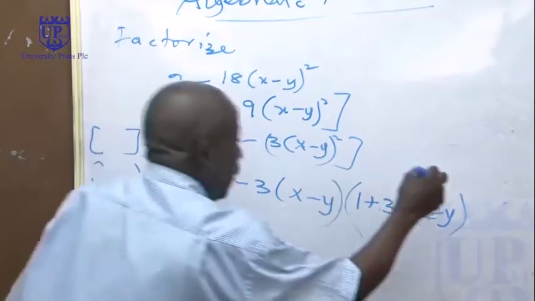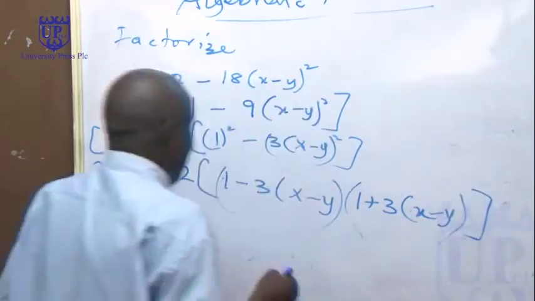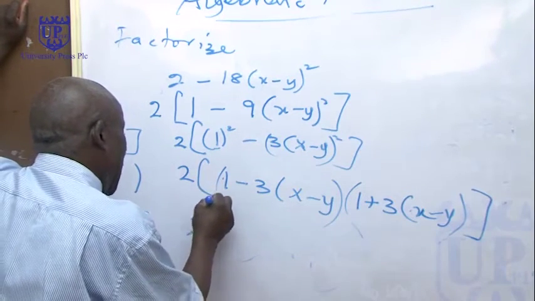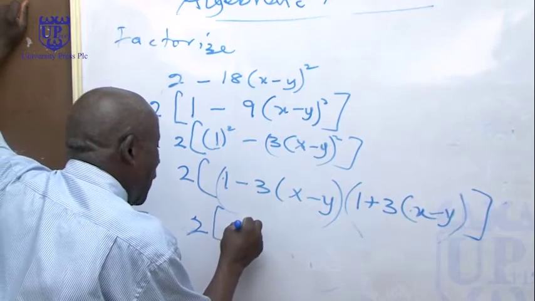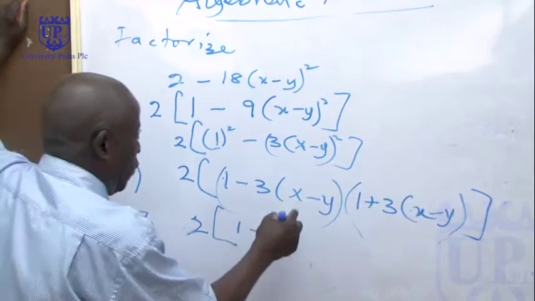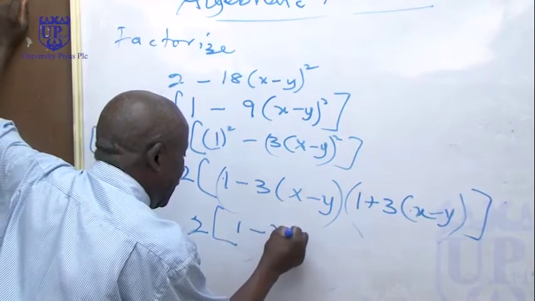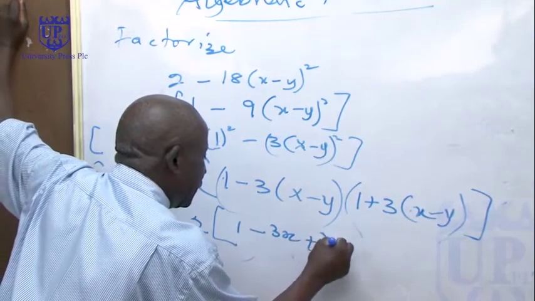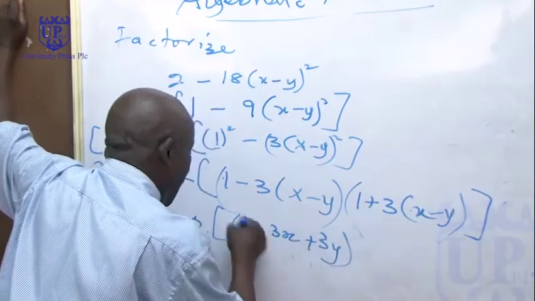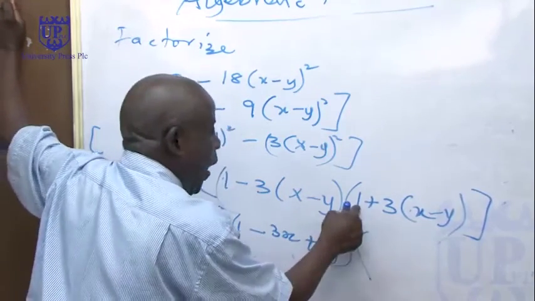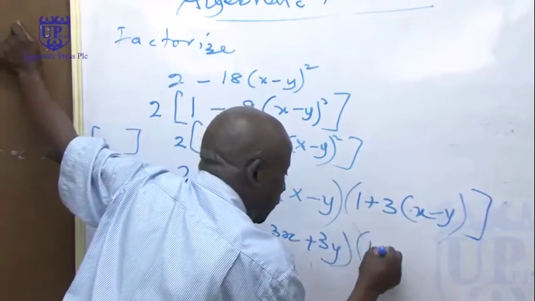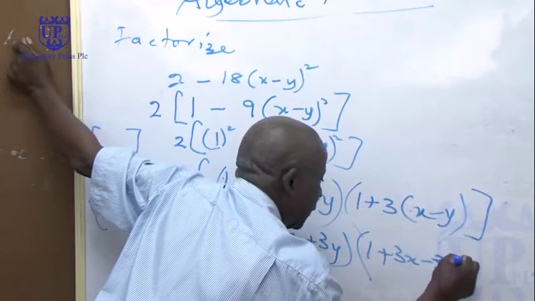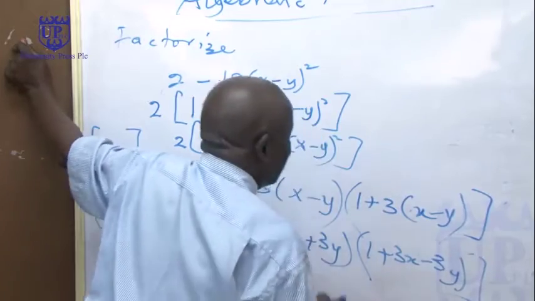You have to be very careful to close the bracket. Now simplify. 2 multiplied by 1 minus, open this bracket, minus 3x, minus minus is plus 3y, into 1 plus 3x minus 3y. Close the bracket.